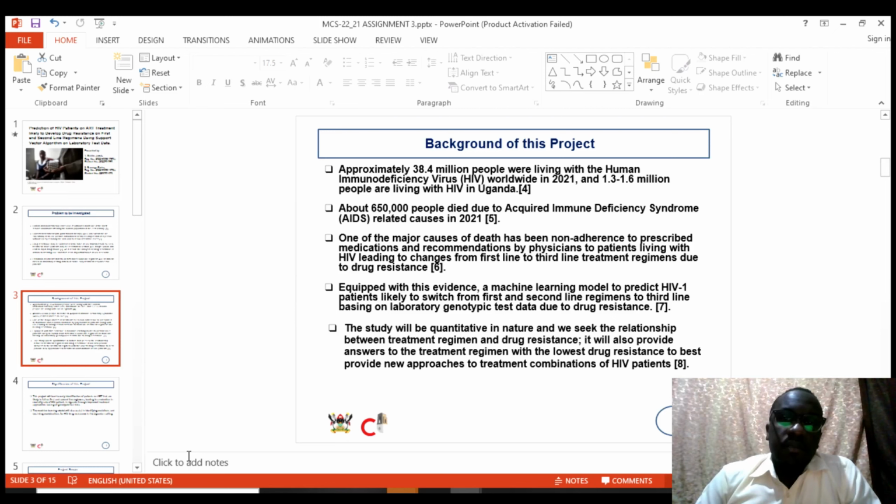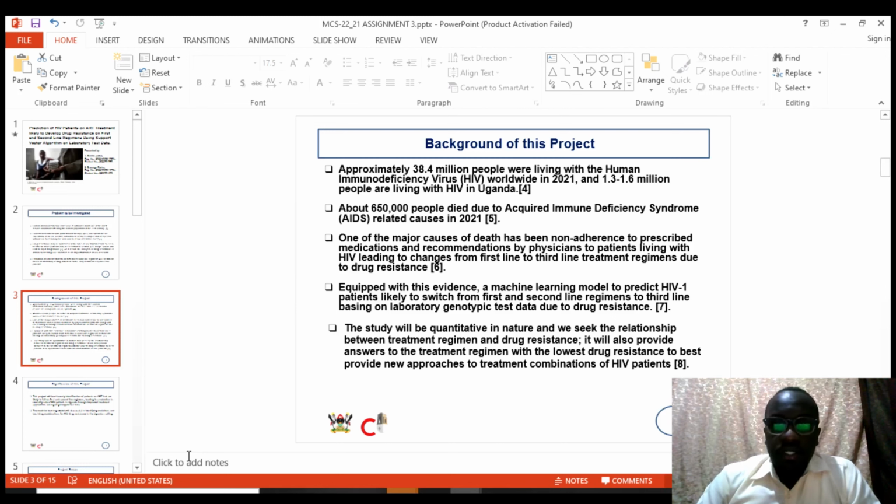One of the factors contributing to their deaths is non-adherence to the prescribed medication and recommendations by physicians. This can range from dietary recommendations to taking the medication on time.